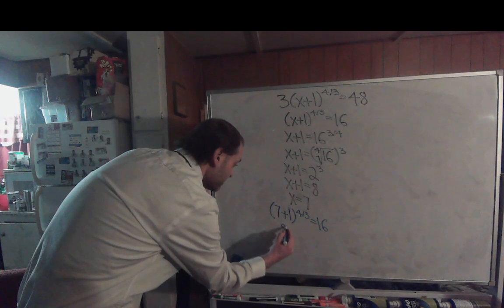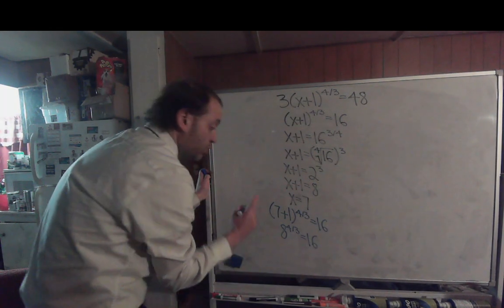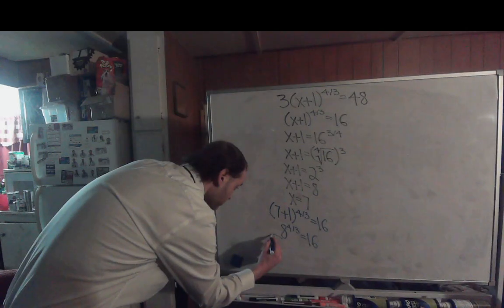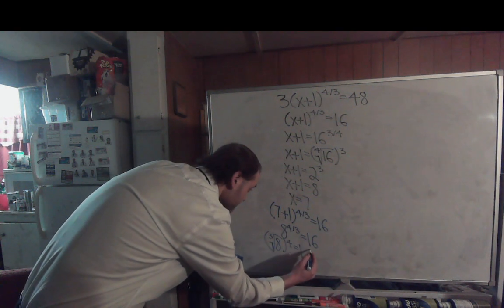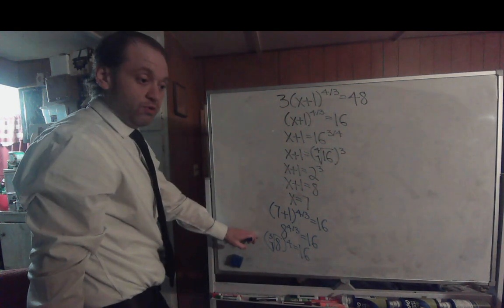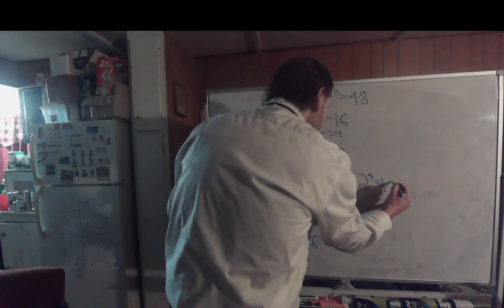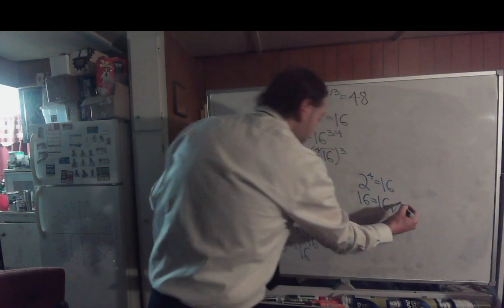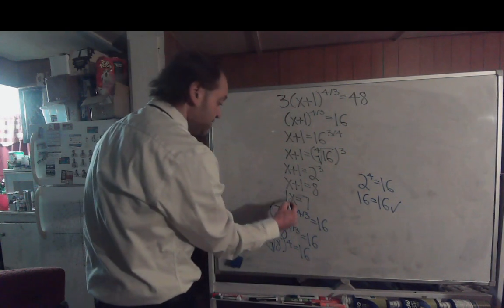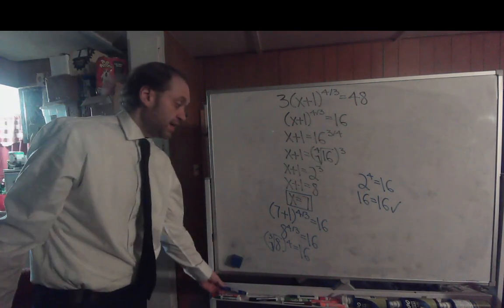So we have 8 to the 4/3 equal to 16, which is the exact same as the cube root of 8 raised to the 4th power equal to 16. What is the cube root of 8? That's 2. This is saying 2 to the 4th power equals 16, and 2 to the 4th power is 16. So you get 16 equals 16. So yes, this holds up. The solution is that x equals 7.